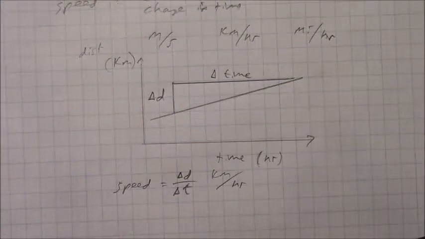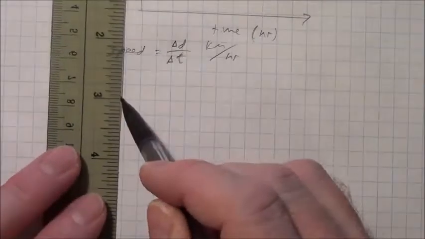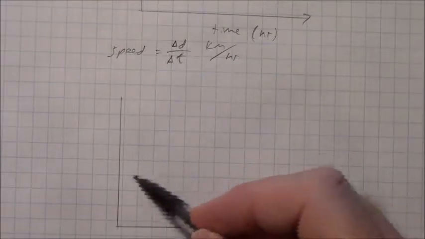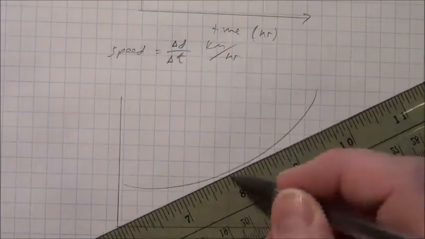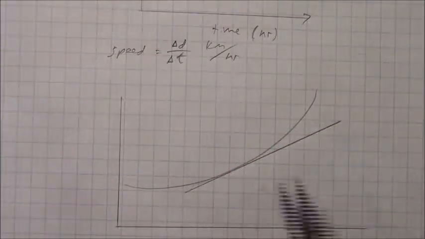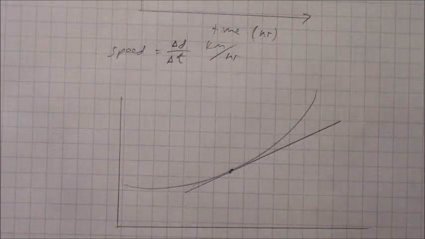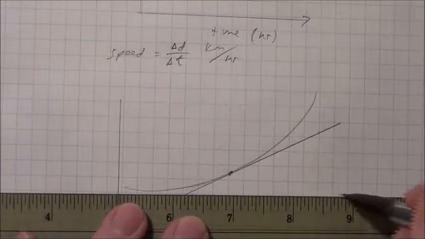Where it gets a little bit more complicated is when we're talking about curves. For a curve, we'd have to look at a point of tangency and then use the tangent to the curve.